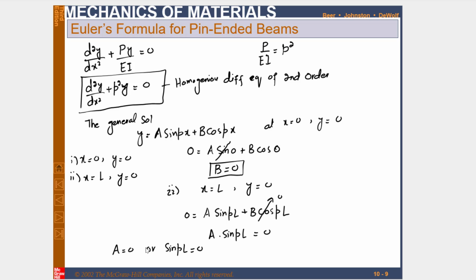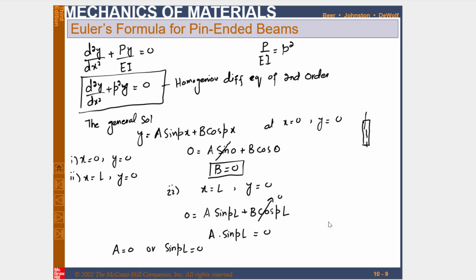Clear? So if a becomes 0, it means that a will be 0 and b will be 0, so definitely y will be 0, and this is only possible when the column is straight and there is no deflection. Or, if you want to satisfy this equation, sine of pL is equal to 0.